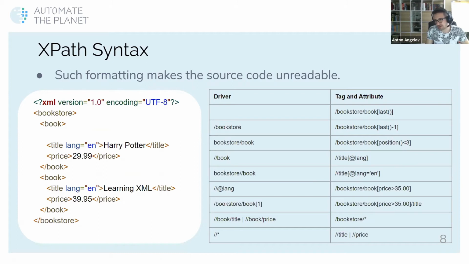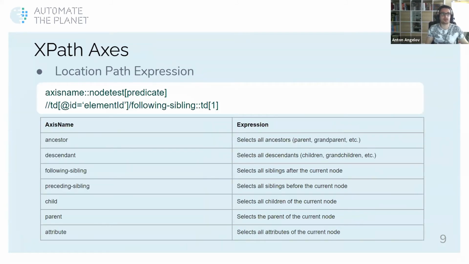The presentation is not about XPath, but I want to show you a little more advanced XPath called XPath Axes. This syntax allows us to traverse the DOM. When we locate a particular element, we can get its siblings, its parent, its children.